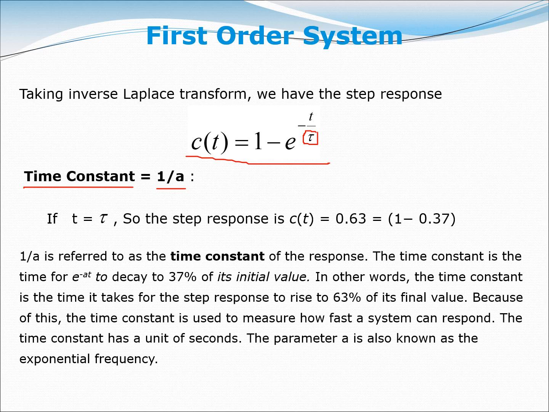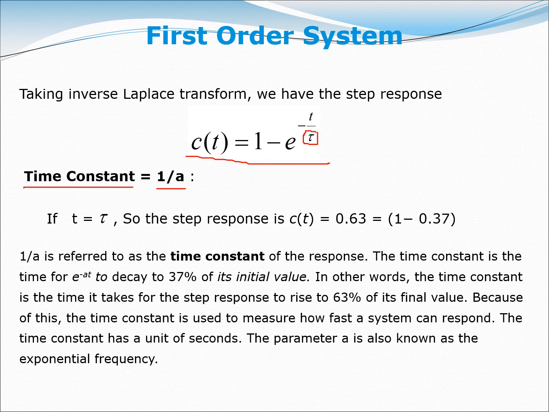Meaning that if t equals tau, the step response C of t equals 0.63, which is basically 1 minus 0.37. Let's go through the detail of the time constant.